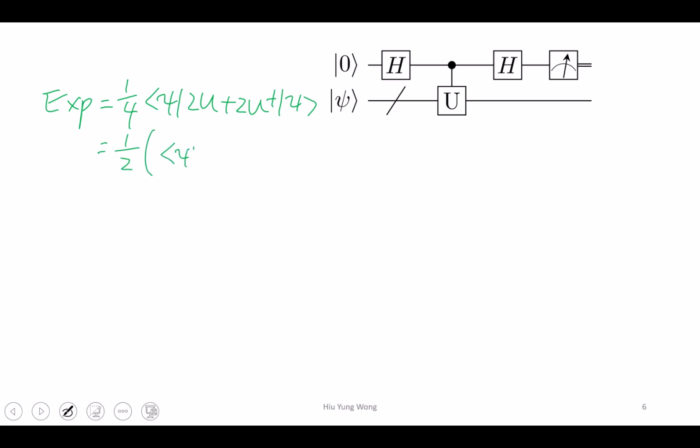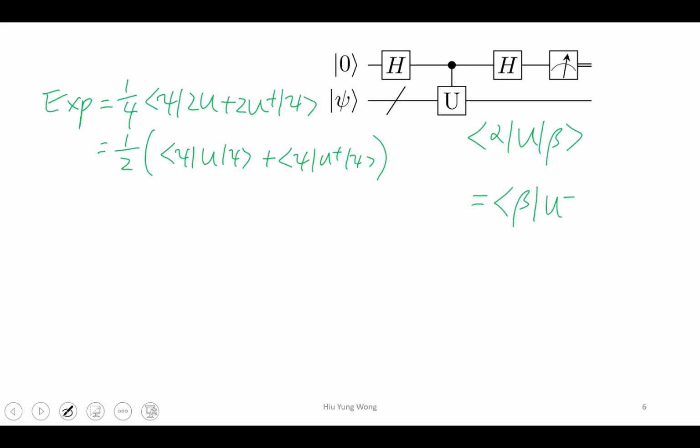This is psi u psi plus psi u dagger psi. Now, do you remember this? Alpha times the operator u times beta equals beta u dagger alpha star. Okay, so now alpha equals beta, right?